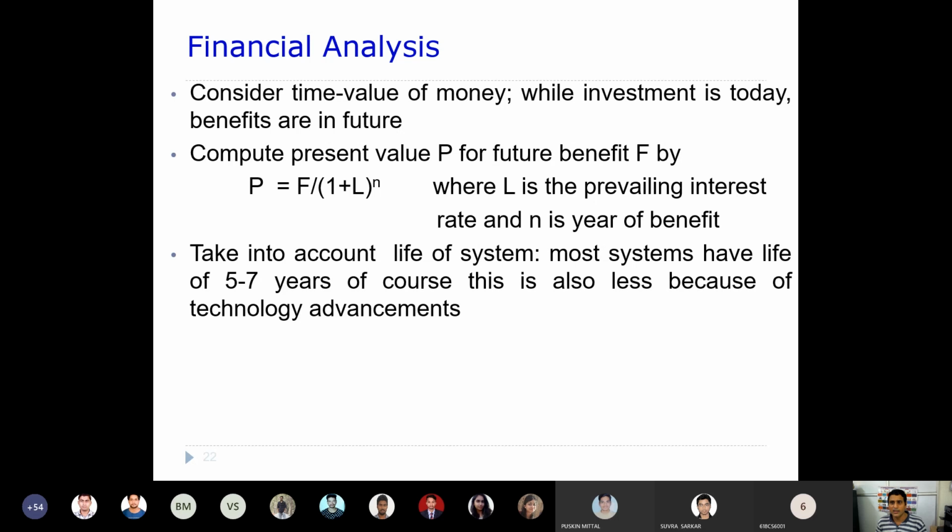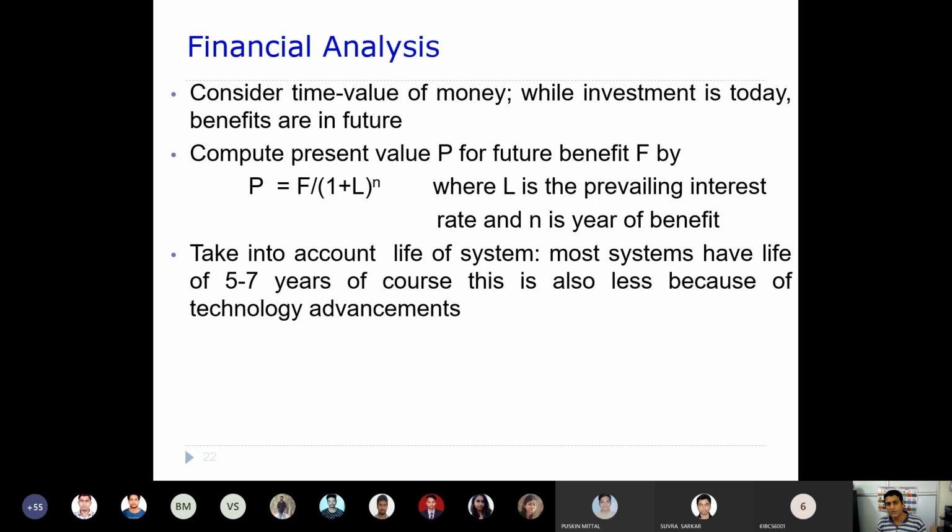Now there is financial analysis. Today you are investing money in a particular project, but maybe today you are not going to see the benefits. Maybe the benefits will be seen in the future, okay. In the financial field there are some equations. You should always be able to calculate the present value of your investment, okay.